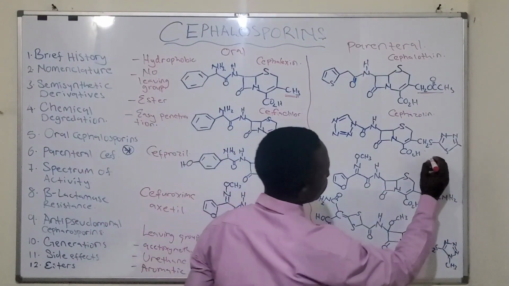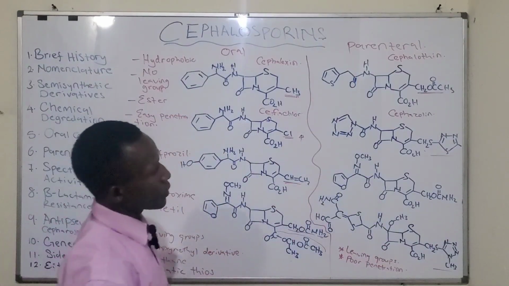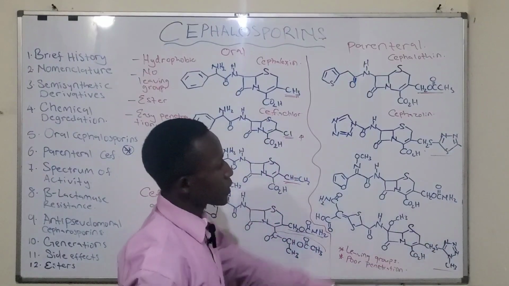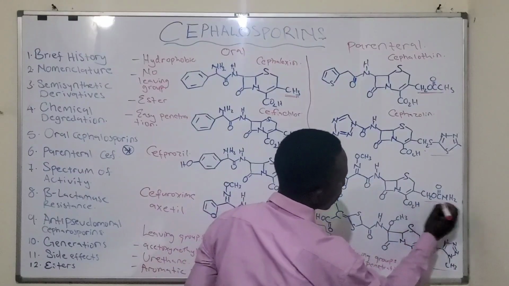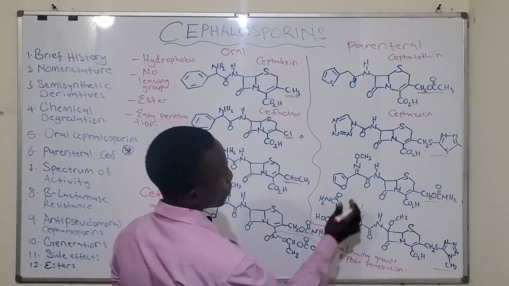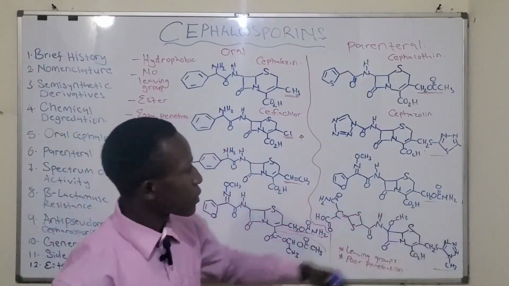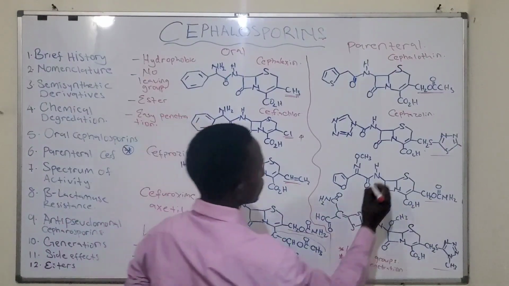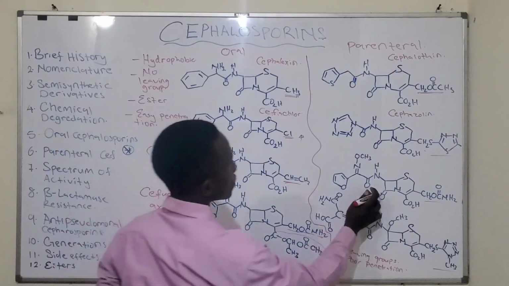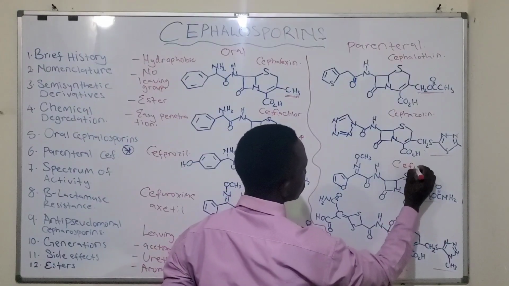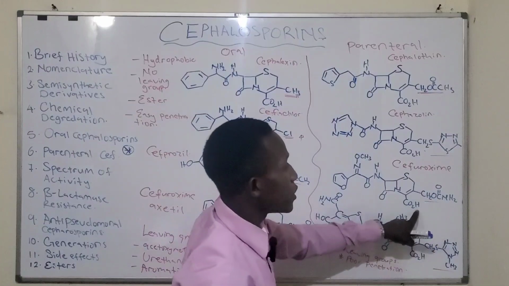So if you start with a drug with this structure, it means it's a parenteral drug. But now this one has a good leaving group, though it has this structure. This is a cephalosporin acetate ester, but now this one is a cephalosporin which is parenteral because it has a leaving group but there is no ester.